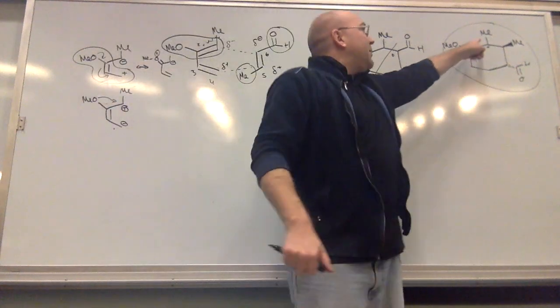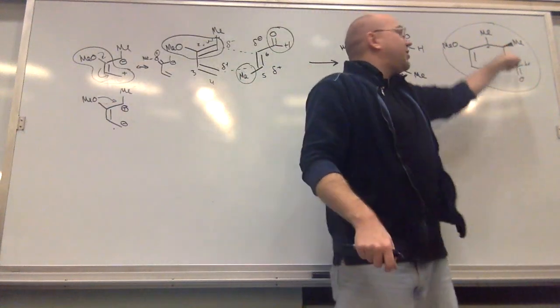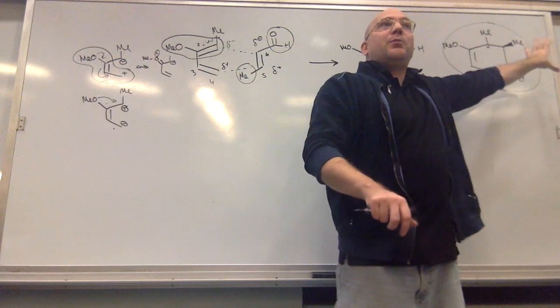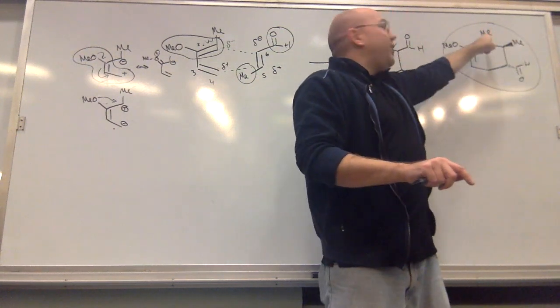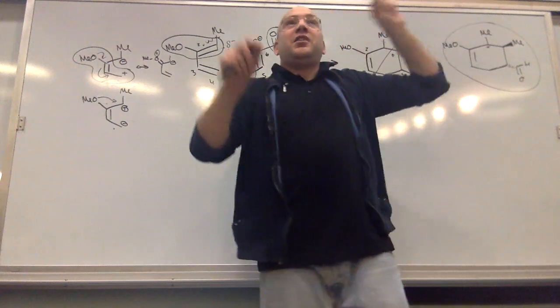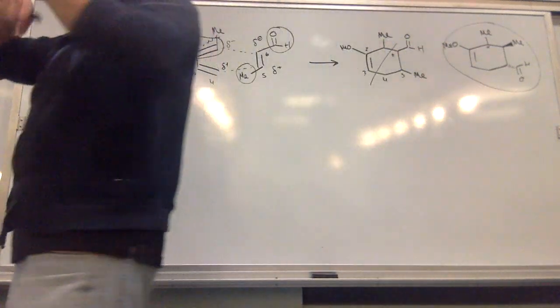But the question becomes now, because I've already established these, I've just chosen them arbitrarily, whether that's a dash or a wedge, one is going to be endo and one is going to be exo.